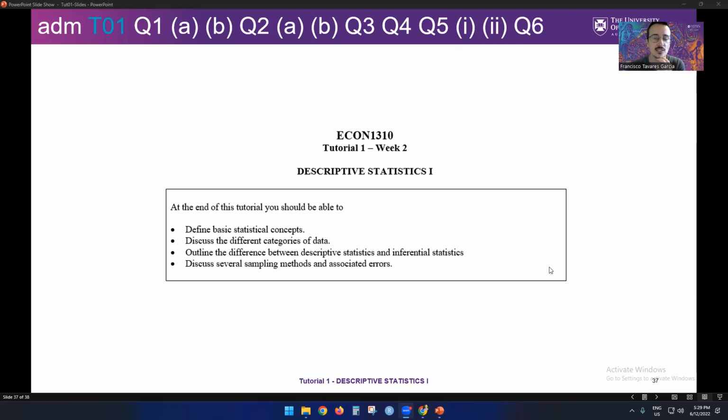We outlined the differences between descriptive statistics and inferential statistics. You were very good giving answers, and we discussed several sampling methods and associated errors. Guys, now it's done.